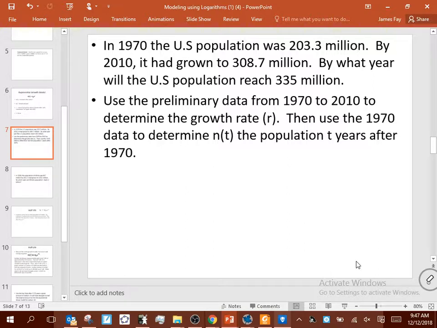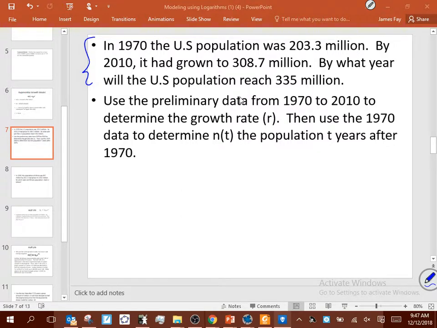Here it says in 1970 the U.S. population was 203.3 million. I think I took this from a stats book, so I think this is true. By 2010, it had grown to 308.7 million. By what year will the population reach 335 million?